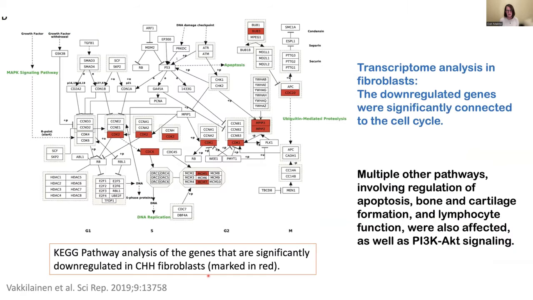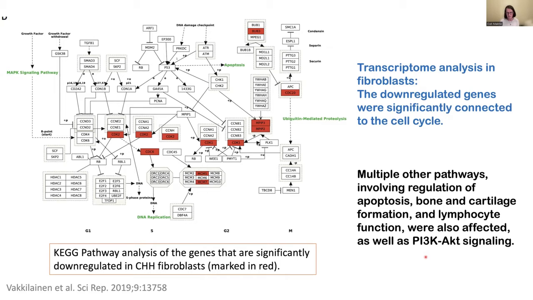And we could show that these downregulated genes were significantly connected to the cell cycle, but there are many other pathways involved in, for example, regulation of apoptosis, bone and cartilage formation, lymphocyte function, and as well this PI3K signaling cascade.